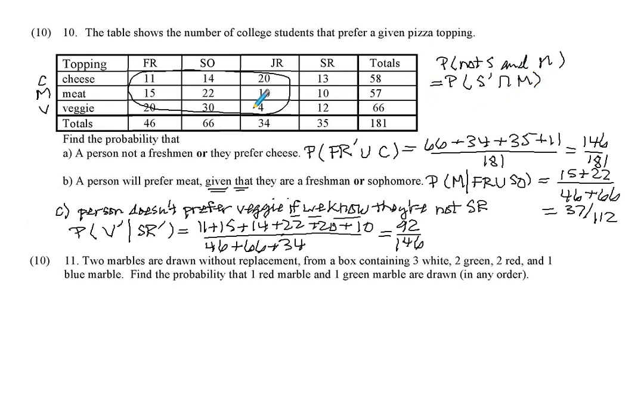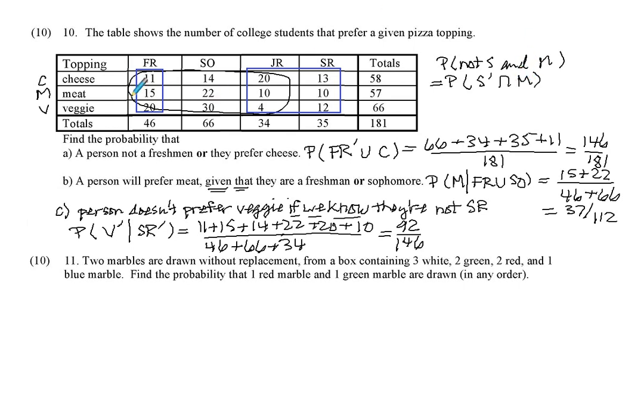So that's saying, okay, well, look at all the people that are not sophomores. So let's put those people in blue here. So not sophomores is going to be those people there, which is the 35 and the 34, and also the 46 right there. And then what we want to do is overlap those and say, out of the people that are in blue, how many people also prefer meat?